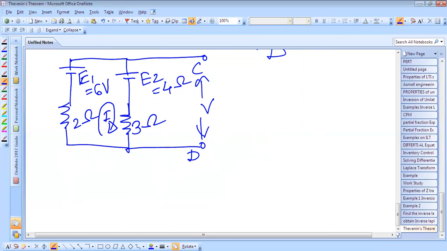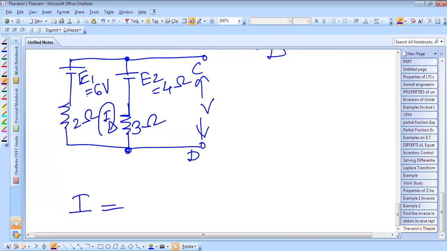When you find the current flowing through this loop, then we can find the potential difference across this point. Once you get the potential difference across this point, the same potential difference will be across C and D. So how to find the current now? By using Ohm's law.